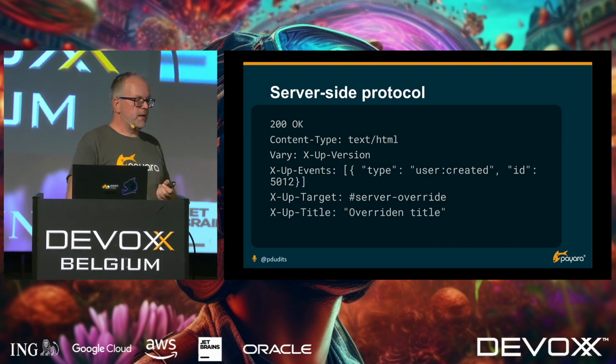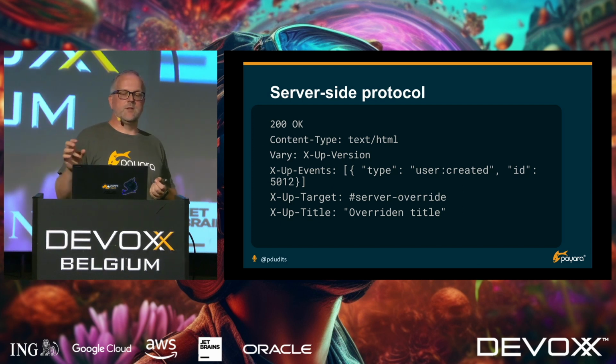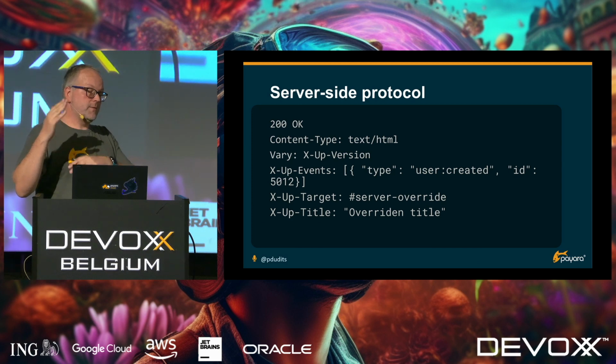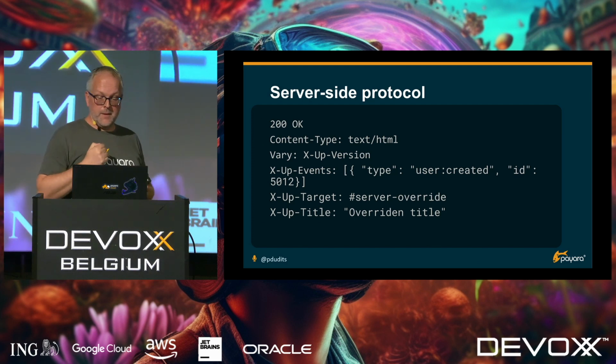And then we can reply with the vary header, that serves the purpose of telling Unpoly, I'm serving you this content because you sent me the X-Up version. So it would cache the right thing. So it will know, since I was sending the X-Up version, I might not have the full thing, so it caches it as: only if the X-Up version would be sent, this is the correct thing to cache.